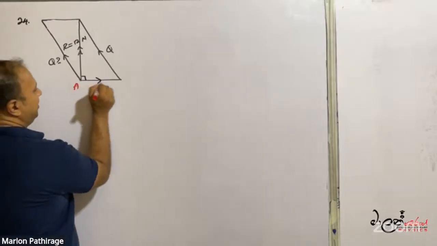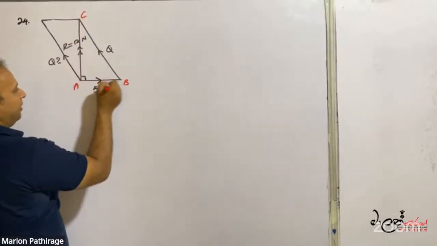This is the ABC triangle. Now the ABC triangle is a right angle triangle.